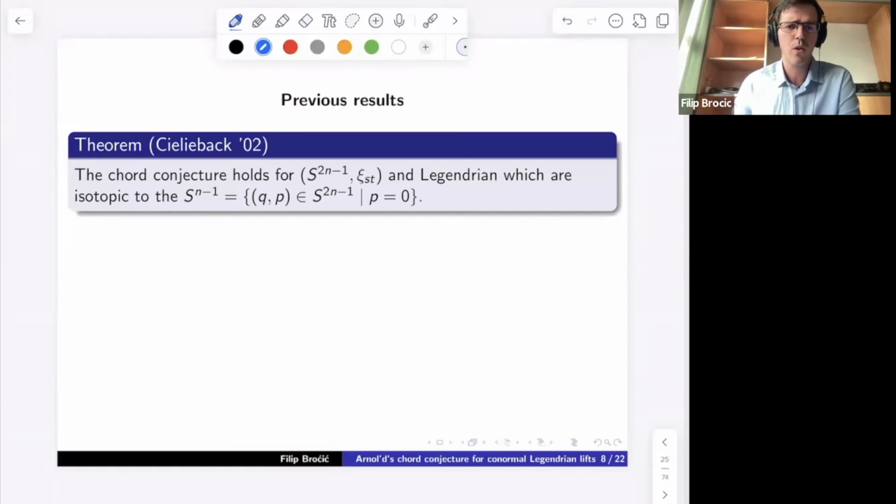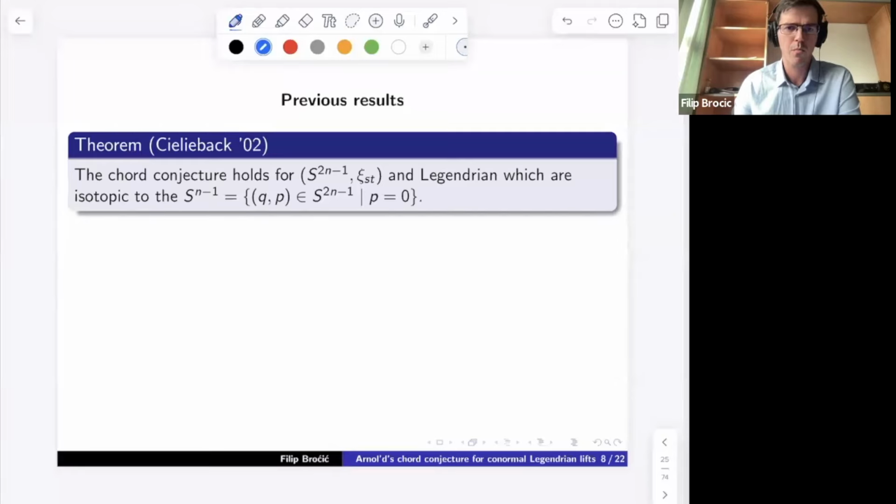He proved that the chord conjecture holds for the standard contact sphere where the Legendrian is Legendrian isotopic to the Arnold sphere, as in our first example of a contact manifold.